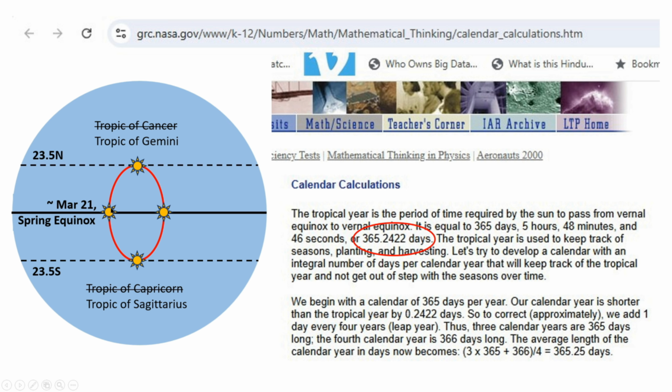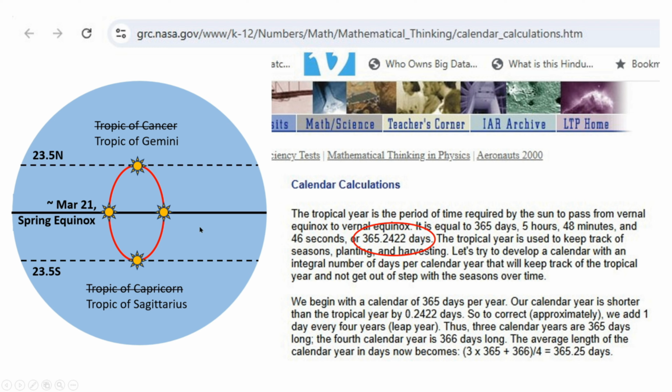Around March 21st, the sun will be exactly over the equator. If we are at the equator around March 21st and look directly up towards the zenith, at 12 o'clock you will find the sun exactly overhead. It will be like a zero shadow day on the equator.